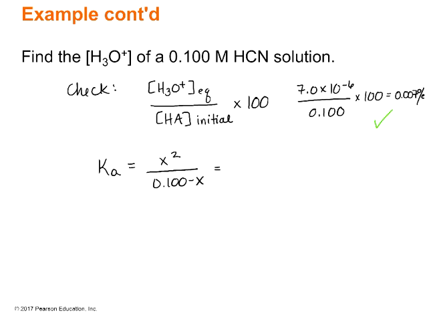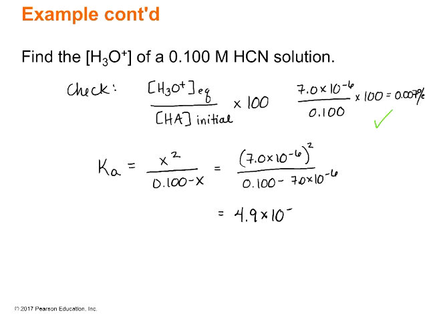And if we plug in 7 times 10 to the negative 6th and square it, and then divide that by 0.1 minus 7 times 10 to the negative 6th, we do end up getting the same value of K that we found in our table.